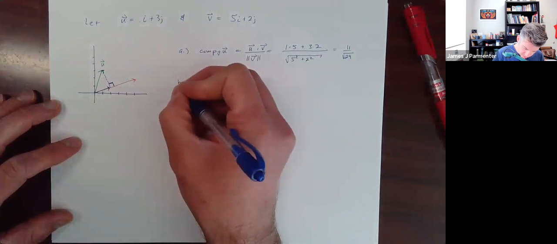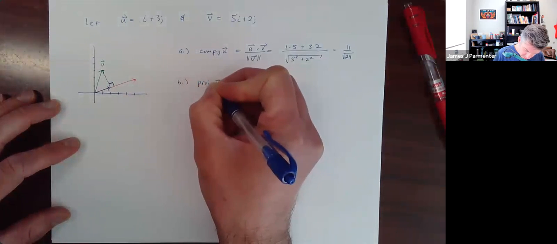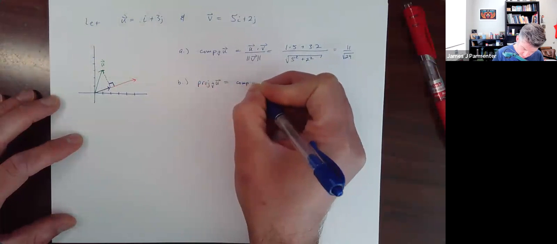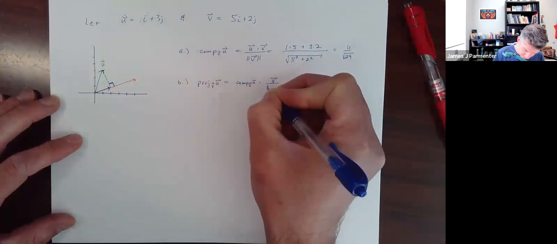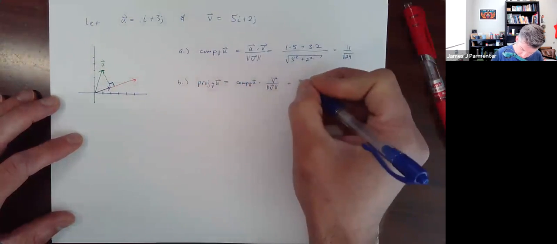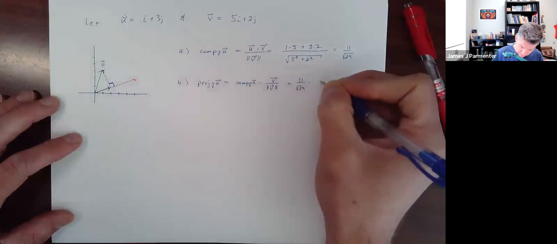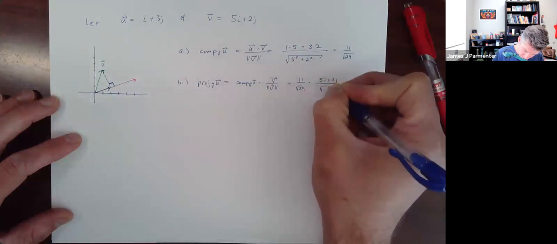And then the actual projection of U onto V is just that magnitude, that component of U onto V, times V divided by the magnitude of V. So that's going to end up equaling, well, that's 11 over root 29, and the vector V divided by the magnitude is just going to be 5I plus 2j over the square root of 29.